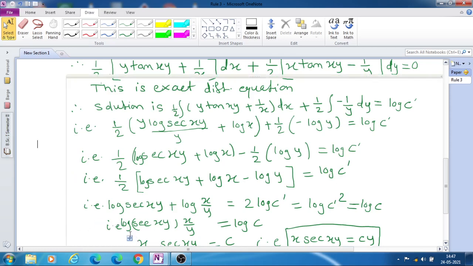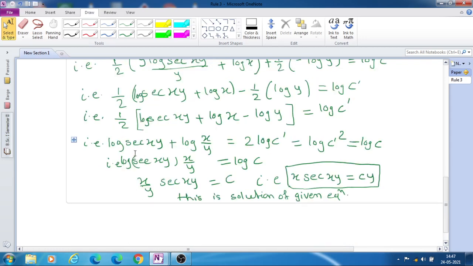Therefore this is log of sec xy plus log x minus log y means log of x upon y, and this 2 is multiplied here, so 2 log c dash. Now whole this is equal to log c dash square, and c dash square we can take as c, therefore this is now log c.